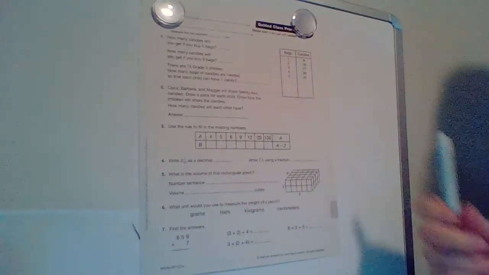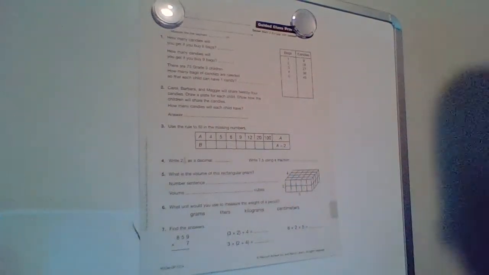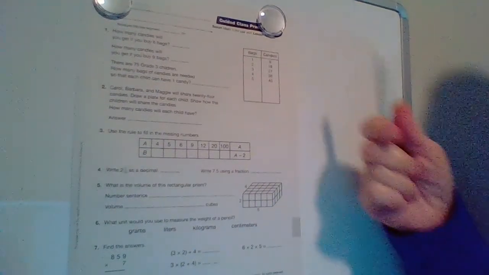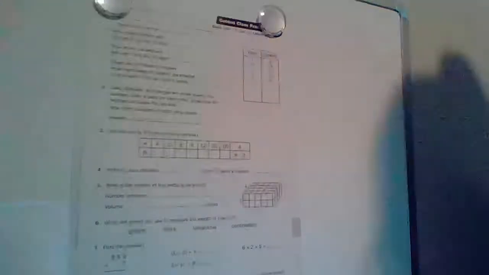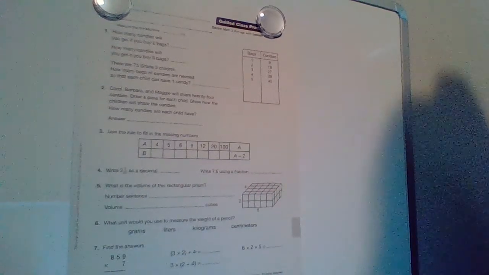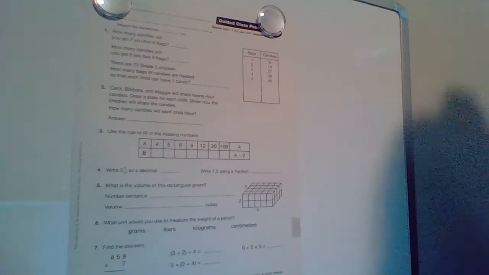It says, how many candies will you get if you buy 6 bags? Well, we have to look at our chart here, okay? On the chart, it tells you the bags, and it tells you how many candies are in each bag. So again, the question is, how many candies will you get if you buy 6 bags?